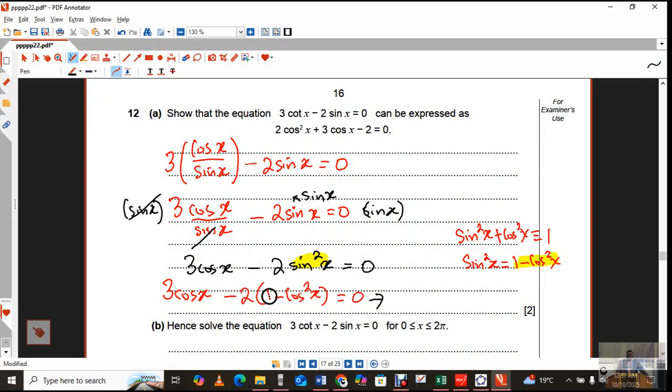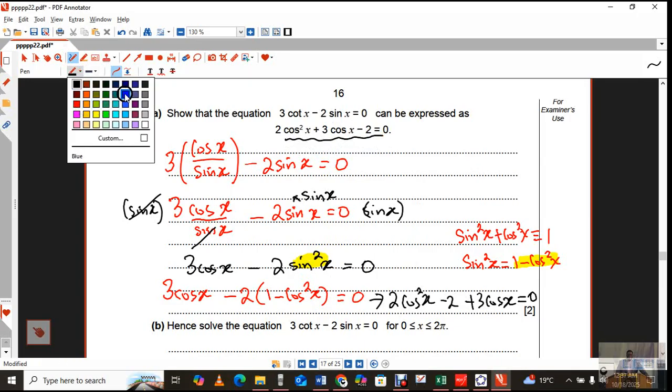If you multiply out, negative 2 times negative cos square x is positive 2 cos square x, then minus 2, are you with me, and then plus 3 cos x equals 0. It can be rewritten in this form, because they're exactly the same.